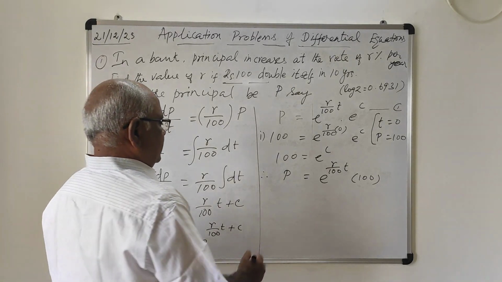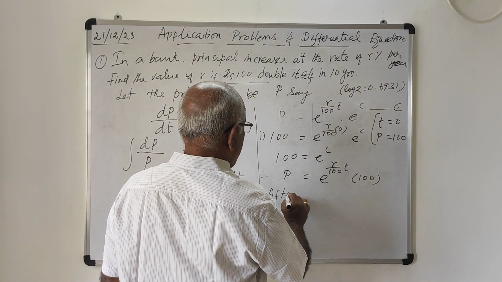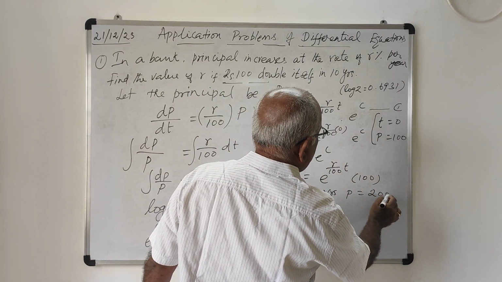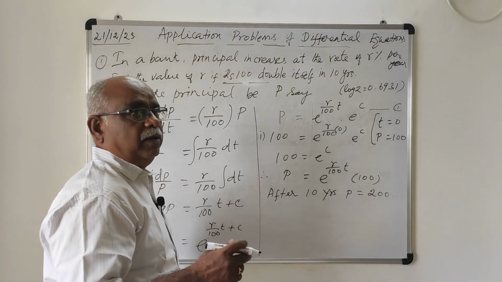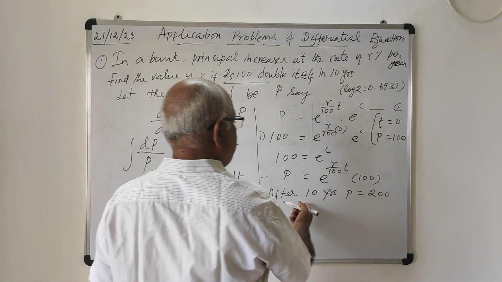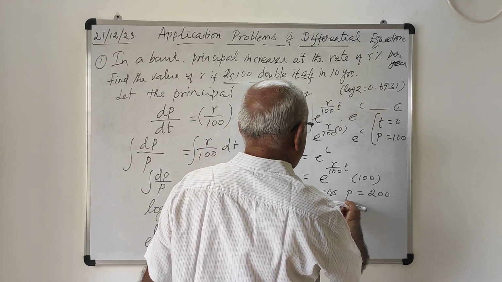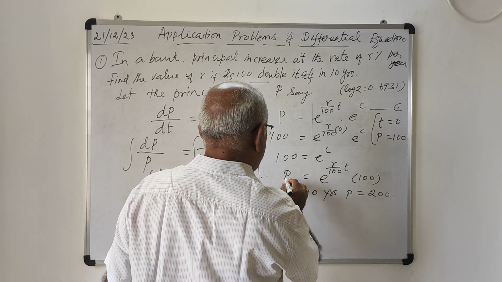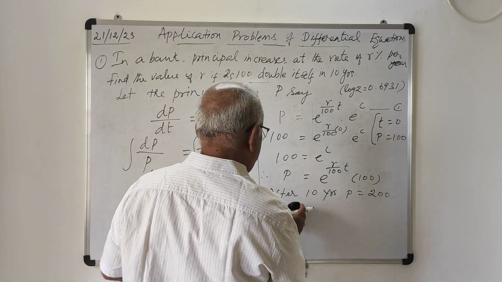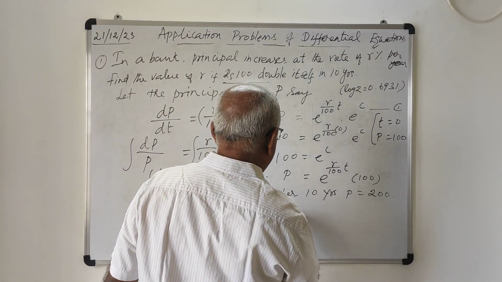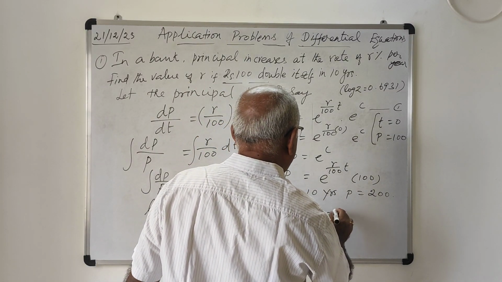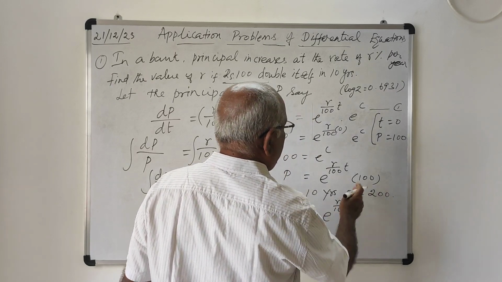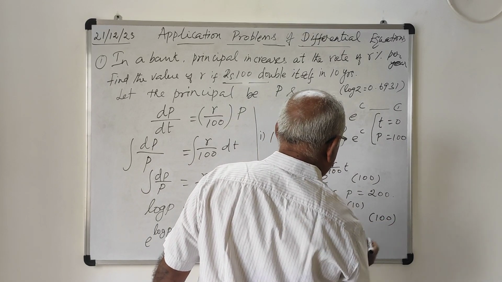Now, after 10 years, the amount P is doubled. That is 200. So t equal to 10, P is 200. So therefore, this equation becomes: after 10 years, the principal value 200 equal to e power R by 100 into t, which is 10 years, into the 100 already there.